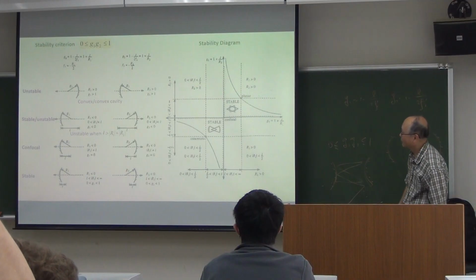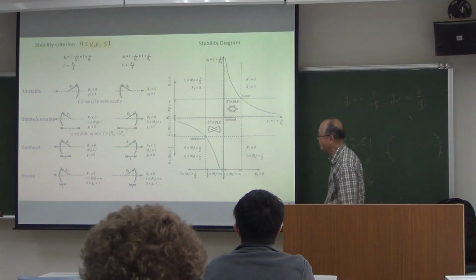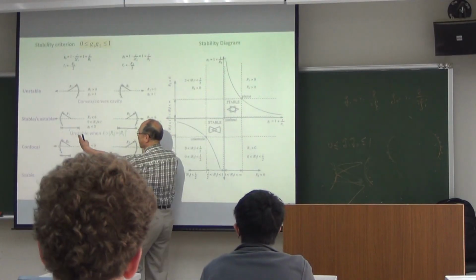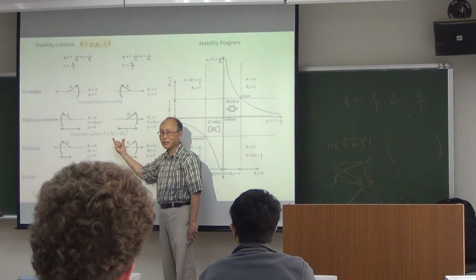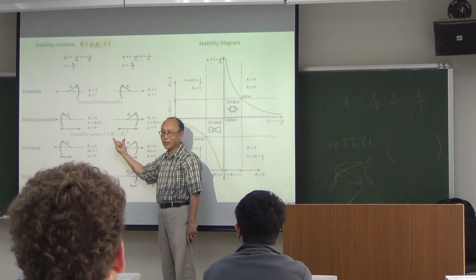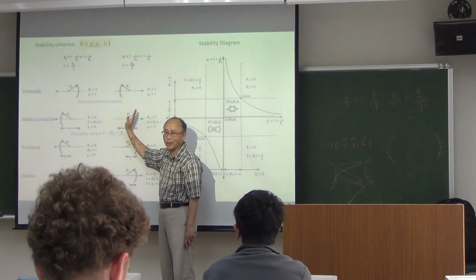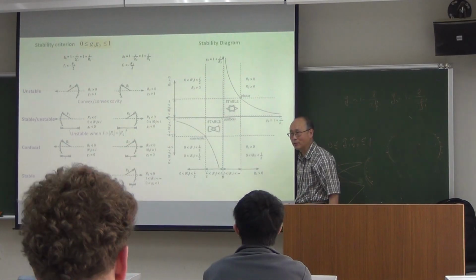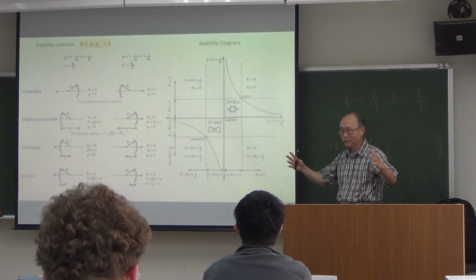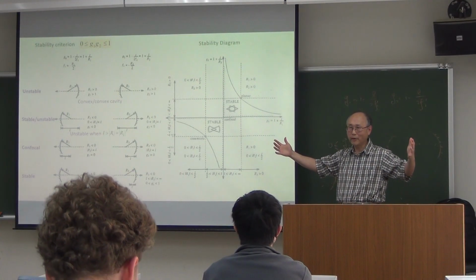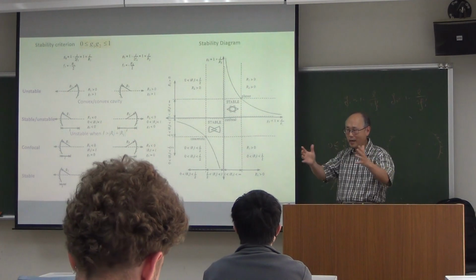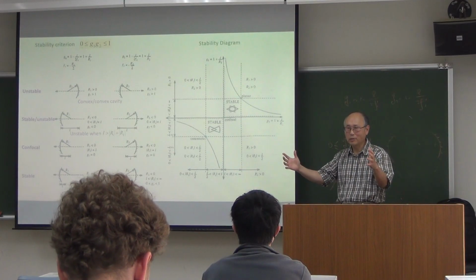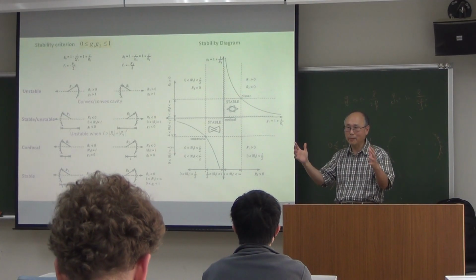The important thing I want you to do by yourself is that when the total cavity length is larger than the sum of the radial curvatures, then this cavity becomes unstable. And this is often asked in, say, the PhD qualifying exam. If you have two mirrors with the radial curvatures R1, R2, then how would you determine the length between these two mirrors so that the cavity can be stable?